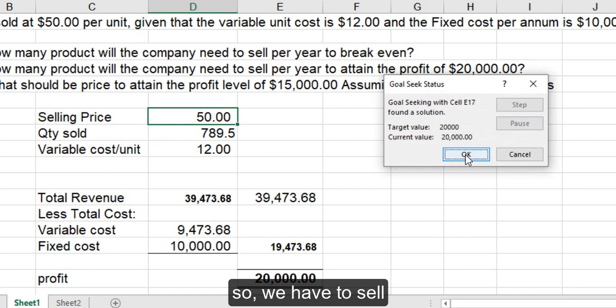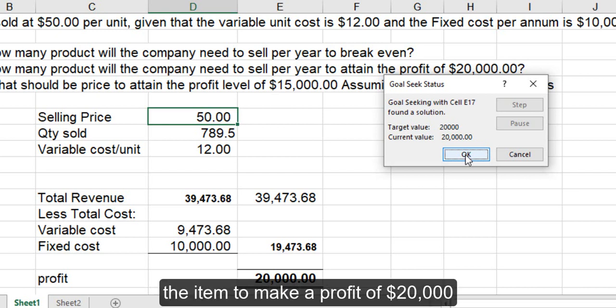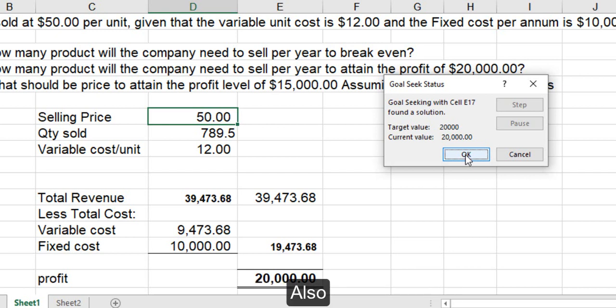So we have to sell 789.5 units of the item to make a profit of $20,000.